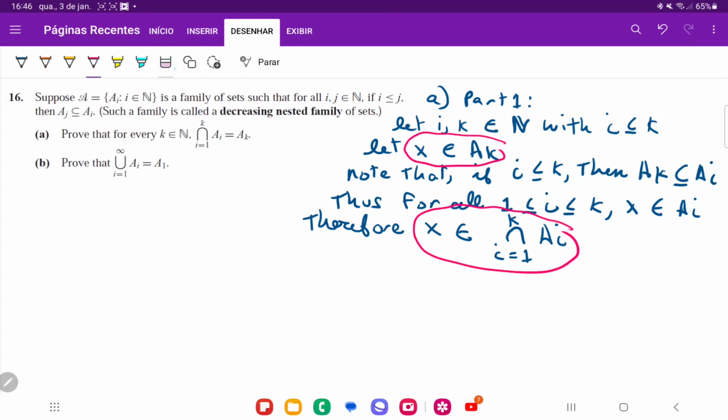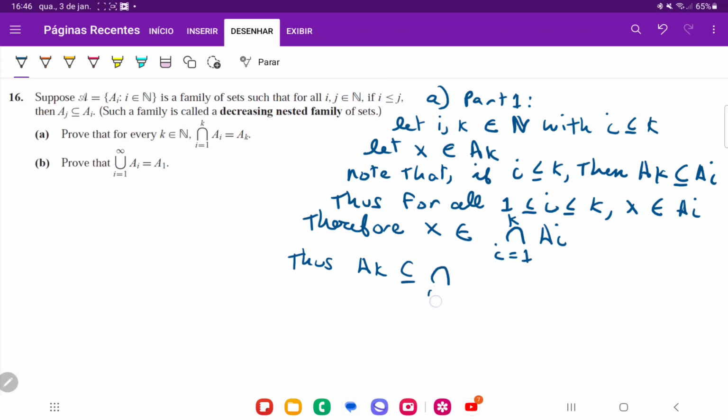Our conclusion is, thus, a sub k is a subset of the intersection from i equals 1 to k of a sub i. Okay, so that was part 1. We showed that a sub k is a subset of the intersection. And now we have to do part 2: we have to show that the intersection is a subset of a sub k.